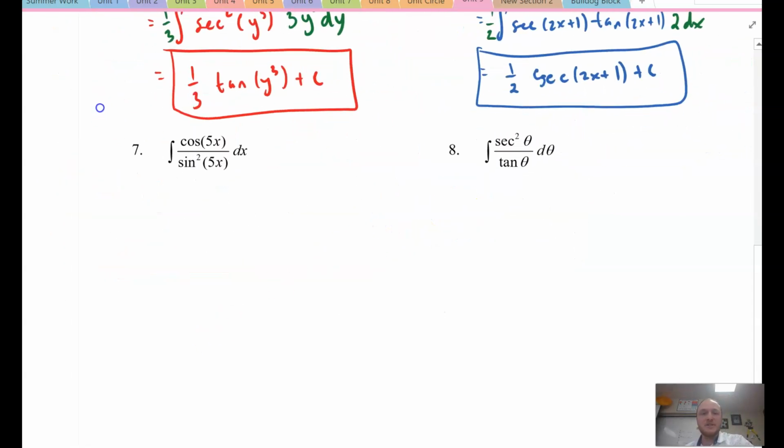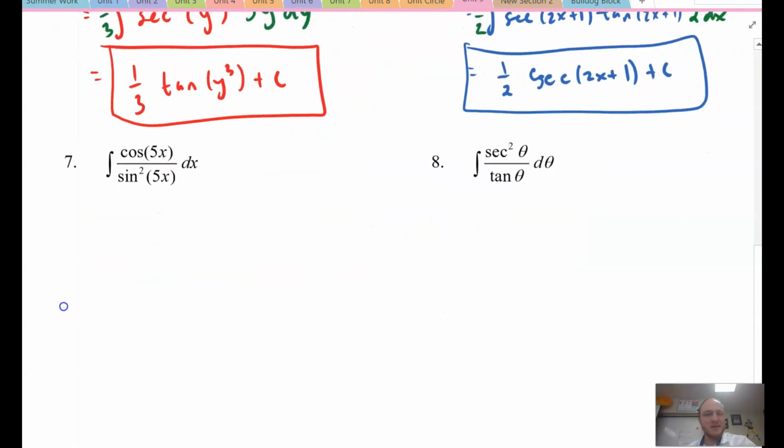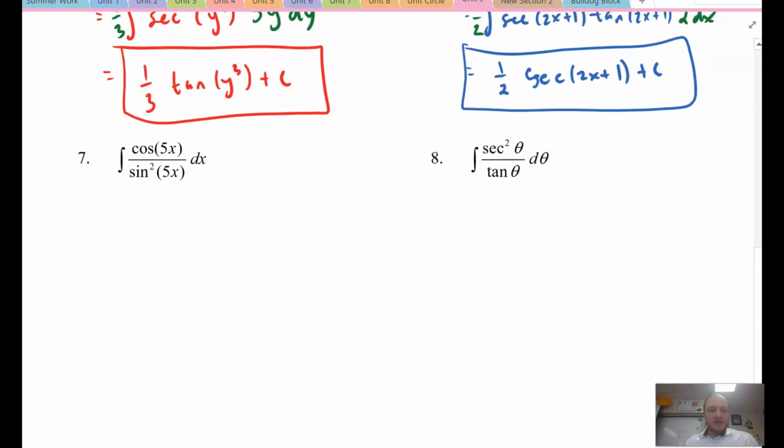Okay, number 7. Number 7, couple of ways that you can do this, okay? So the first way I'm going to go ahead and show you is by splitting this. Now, if I look at the denominator, I don't know how to take the antiderivative of sine squared. I don't really have that connection.